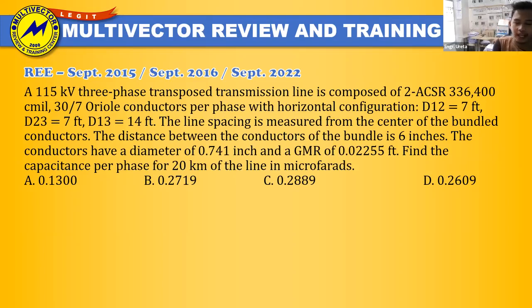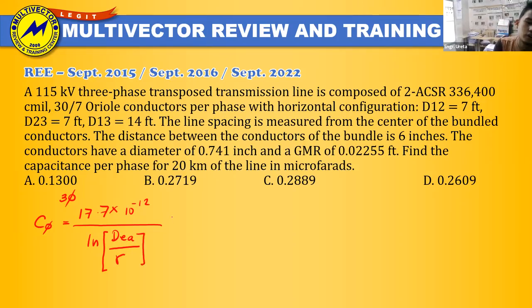For a three-phase line, sulat ko muna yung formula na gagamitin natin. The capacitance per phase can be solved using this formula: capacitance per phase is 17.7 times 10 raised to negative 12 all over Ln of D equivalent over our radius.